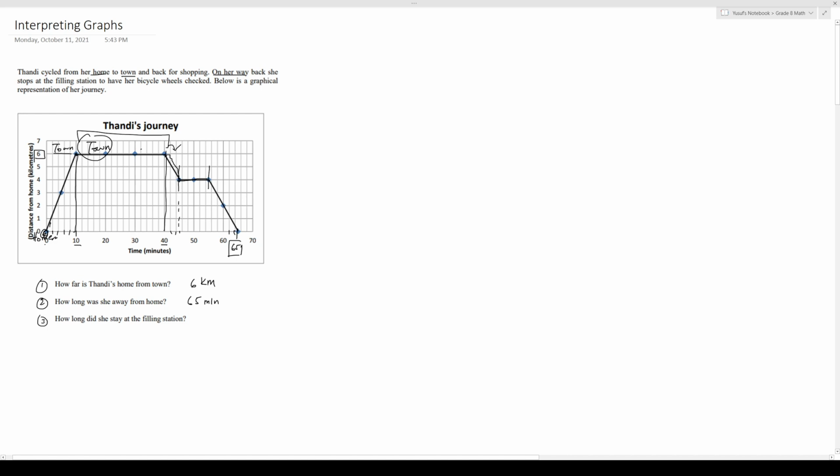To work out that time, we have to pull down the values. That's about 45 minutes, and about 55 minutes as well. So she was at the filling station for 10 minutes.